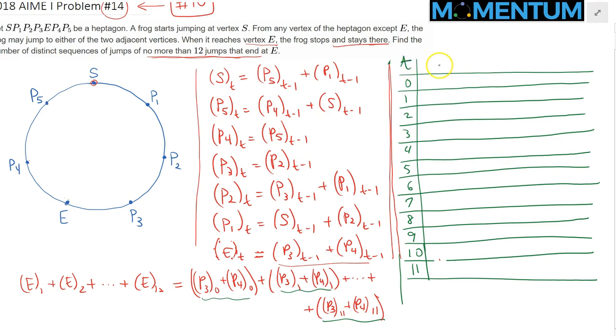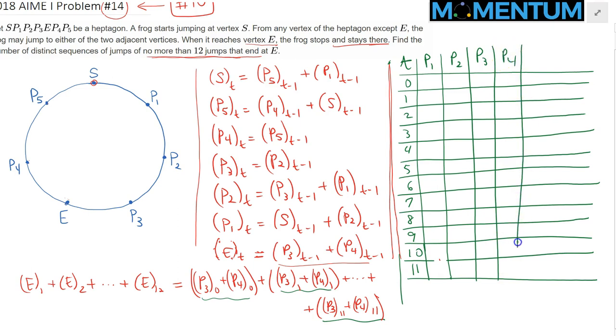And I wonder how many different ways can I end up in vertex P1, P2, and so on, P3. You can put E in the middle, or I will just ignore it. I don't need it, to be honest. P4, P5, and P6. Well, there's no P6, obviously. We have an S, and that's it.